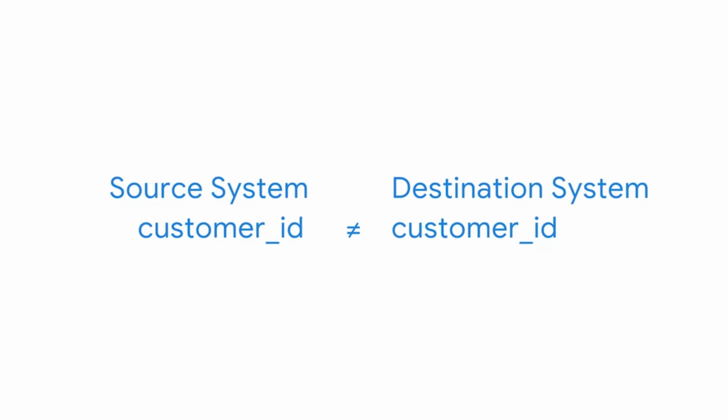For example, if the customer ID key doesn't apply to our target system, then all of the tables that used it as a primary or foreign key are disconnected. If the relationships between tables have been broken while data is being moved, then the data becomes hard to access and use. And that's the whole reason we moved it to our target system.